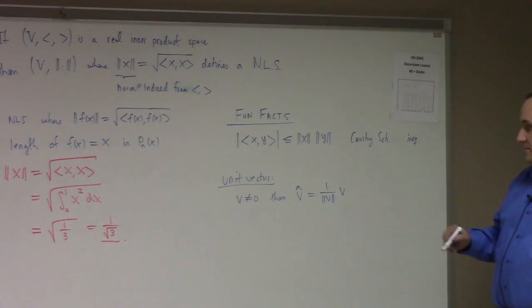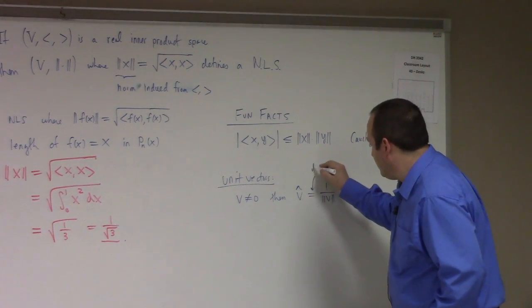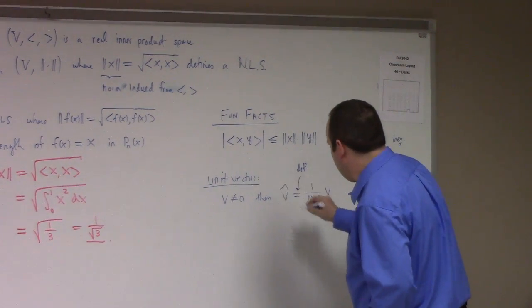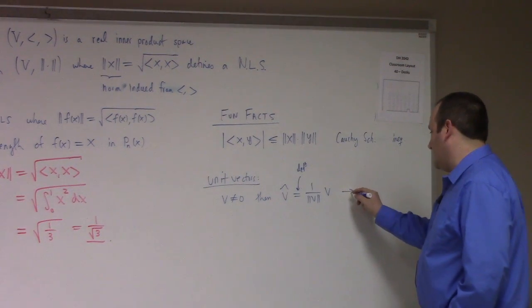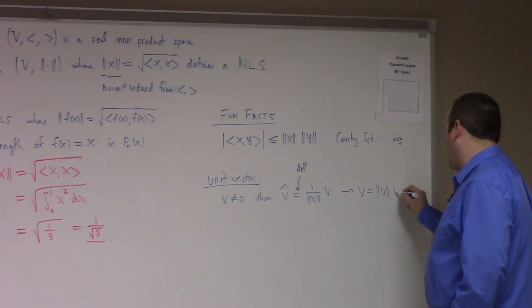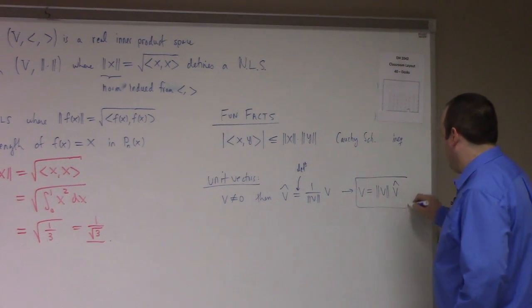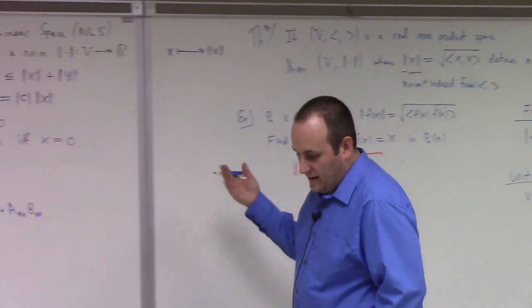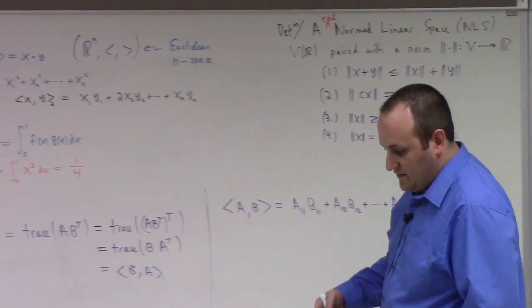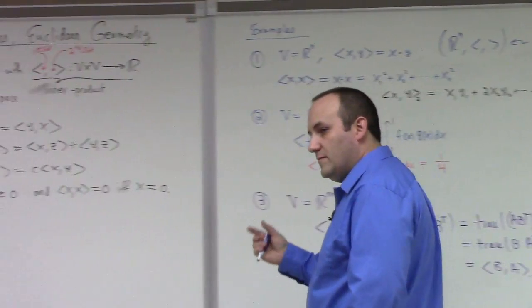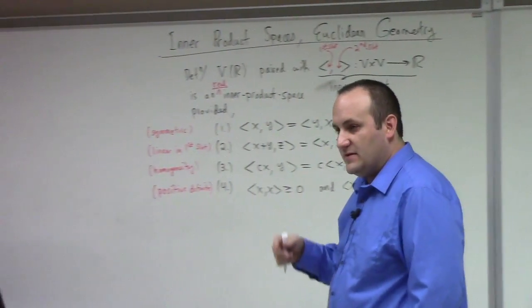That defines the hat. And so in this notation, v is equal to the length of v times v hat. In other words, this is the well-known claim we make in Calculus 3: any vector can be written as a product of a magnitude and a direction. V hat gives you the direction of v, and the length of v is the magnitude.